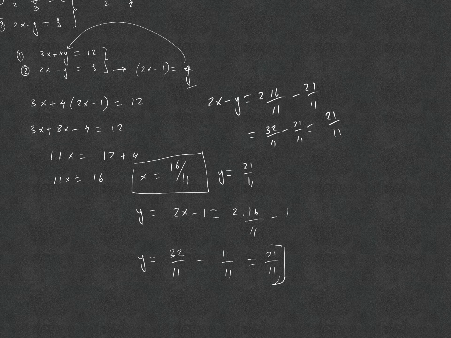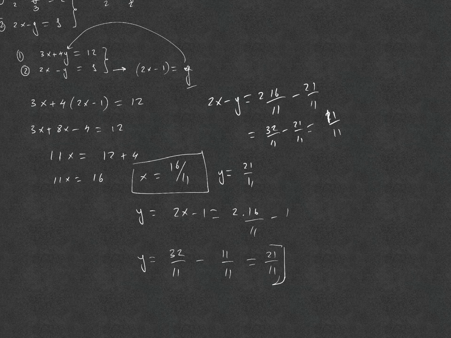Oh, so I made a mistake. Oh, sorry, no, I didn't make any mistake. 32 minus 21, this is 11.